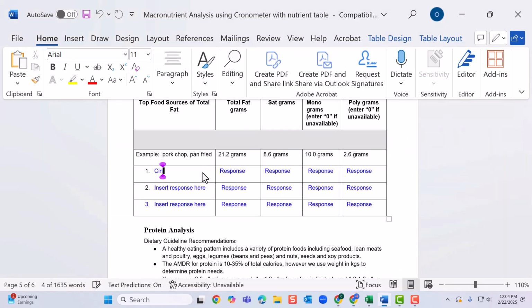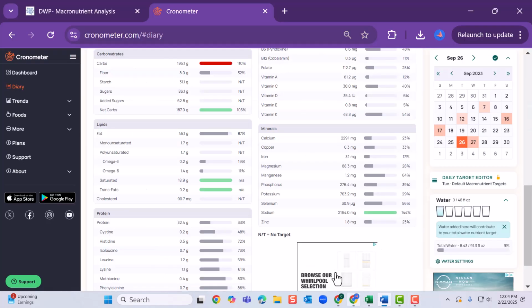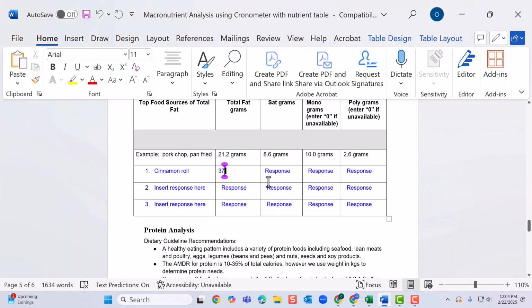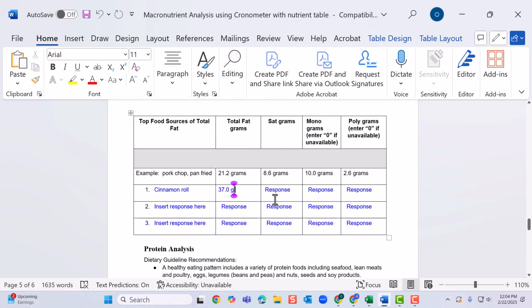So the cinnamon roll was 37. Let's make sure I don't have a decimal, 0.0. Okay. And then it says, how much saturated fat did that cinnamon roll have?